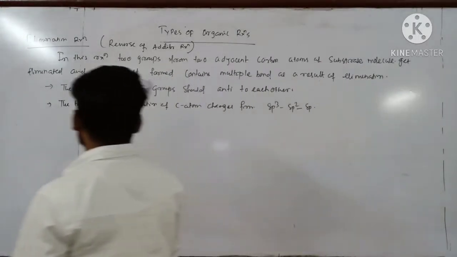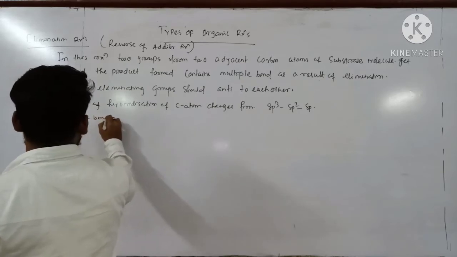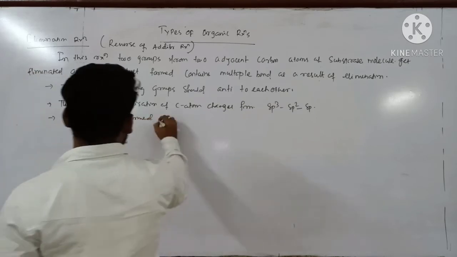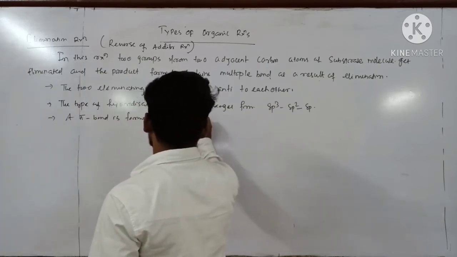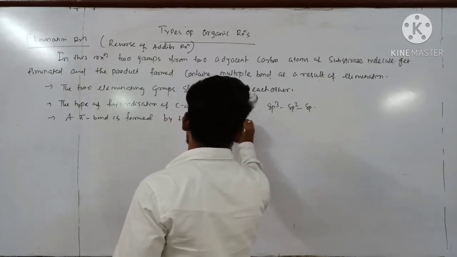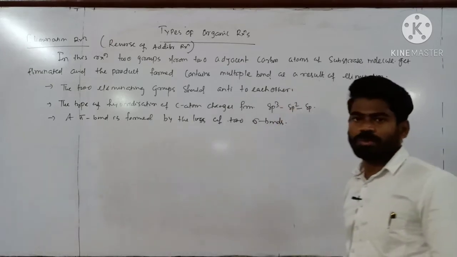Next, a pi bond is formed by the loss of two sigma bonds. We will discuss through example.